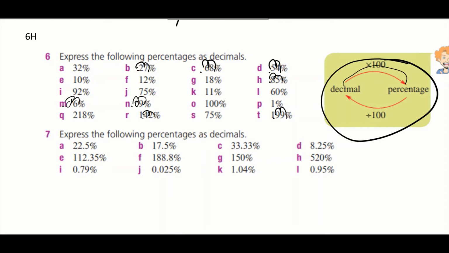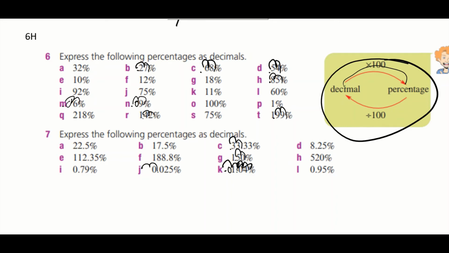Alright, express the following percentages as decimals. These are the same thing really as there, but they're smaller. So you go, put a 0 in, so 0.0104, and so on.